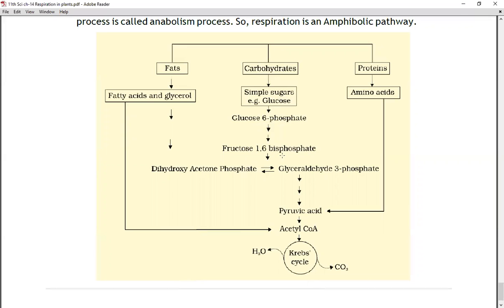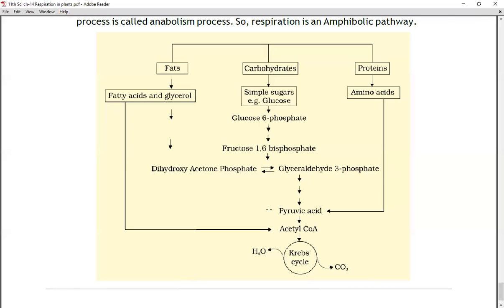And this fructose 1,6-bisphosphate is going to split into two parts. The first is DHAP, that is dihydroxyacetone phosphate, and the second is glyceraldehyde 3-phosphate, right? And this is a reversible reaction. That is, this DHAP again gets converted into glyceraldehyde 3-phosphate, two molecules.